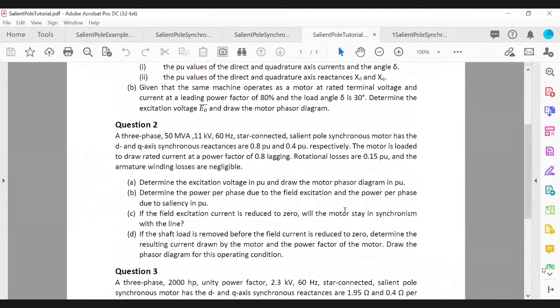And the last part: if you remove the load from the motor before the field current is reduced to zero, meaning that you are still providing field current to the motor and you just remove the load, you're asked to determine what the resulting current drawn by the motor will be, and also to draw the phasor diagram for this operating condition where you have removed the load from the motor.